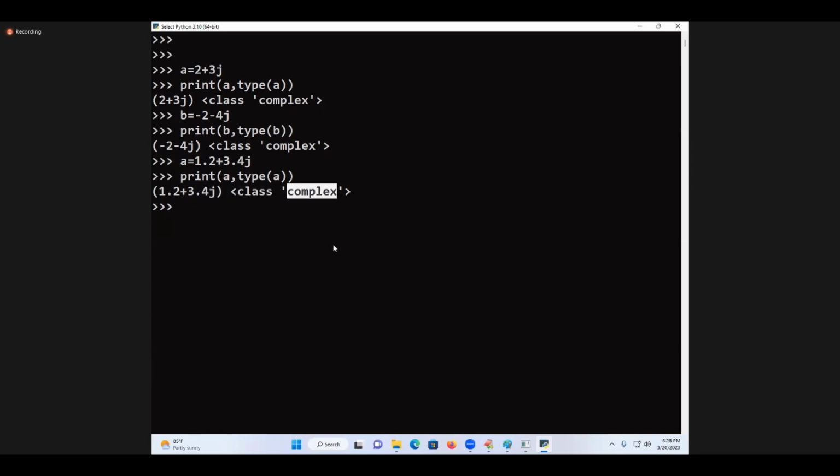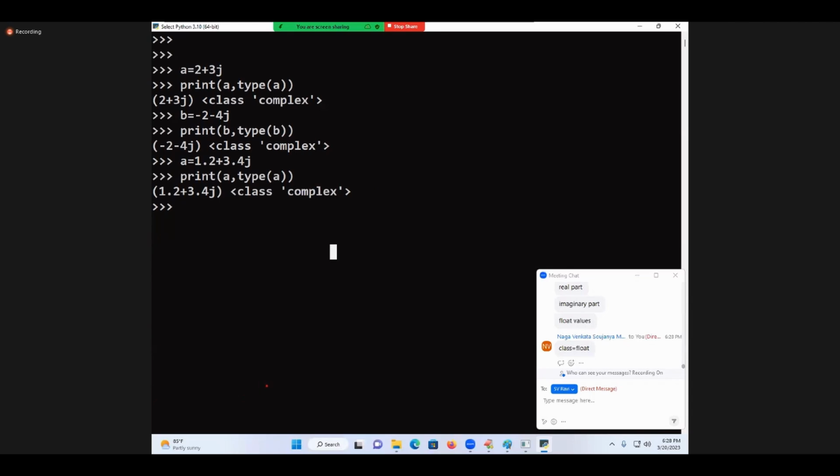So 1.2 plus 3.4j is also of which type? That means in A plus Bj, A is called the real part. That real part is internally taking which values? Float. That float can take an int value as well as a float, because if I say 10, internally it is taken as 10.0. Did you understand?